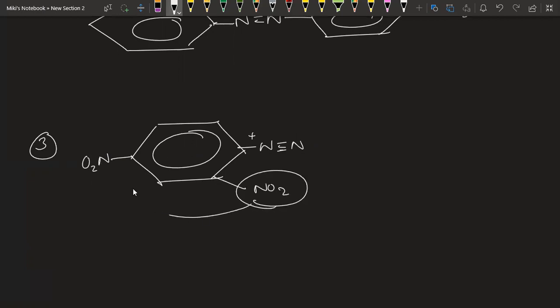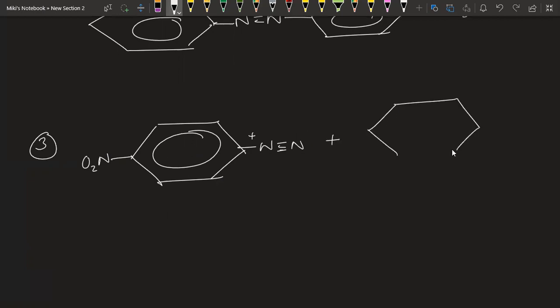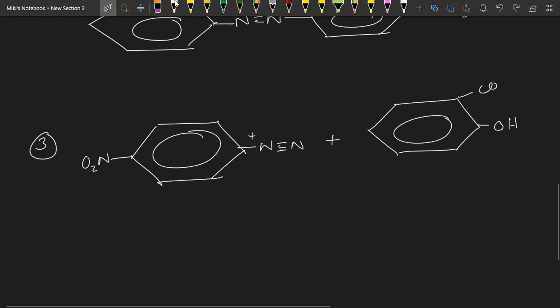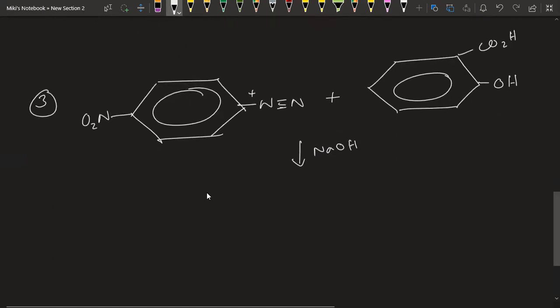To maintain the structure, I wrote it starting from right to left. So when this reacts with our benzene ring, where we have a phenol group as well as a carboxylic acid, COOH, and again I apply sodium hydroxide, the product is going to be this one.